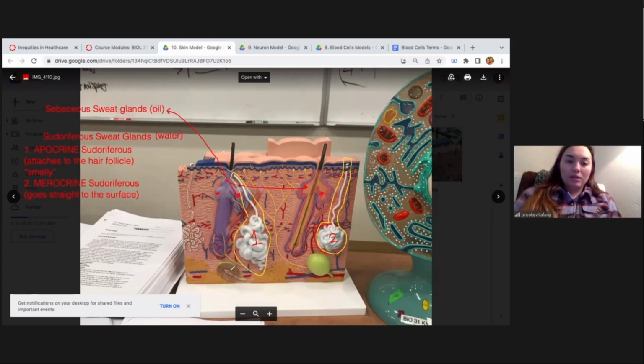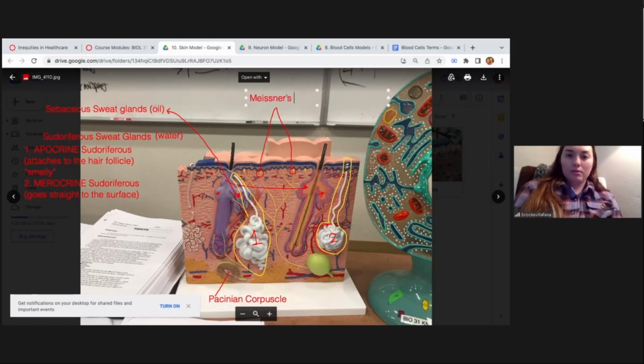We might ask you for the Pacinian corpuscle, because you can easily identify that on this model. Pacinian corpuscle. Good. And then these would be Meissner's corpuscles. But again, the main thing we're testing you on this model are the different types of sweat glands. What's the function of the Meissner's corpuscle? Light touch, right?